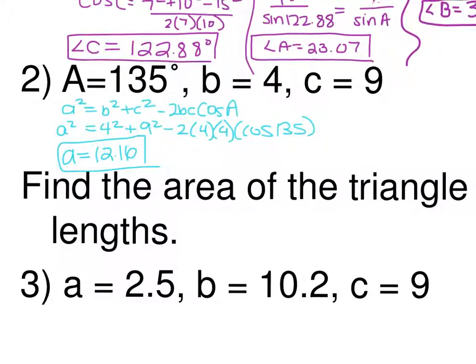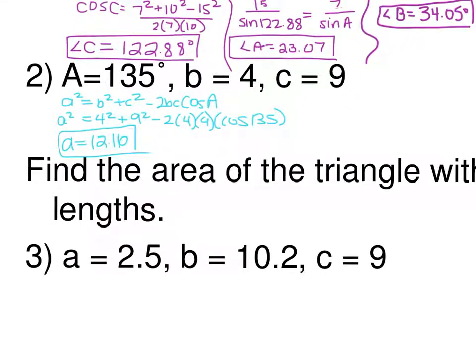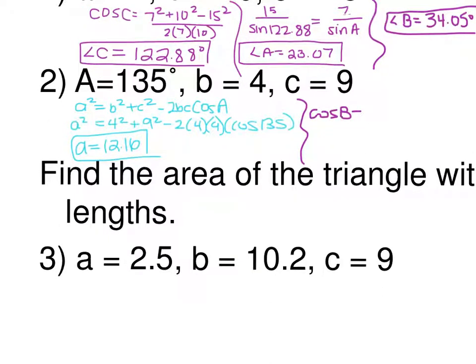Good so far? Okay, now I've got my one side length. I can find my other angle. So let's say I go to angle B. And again, you can switch between law of sines or law of cosines. I'm just going to do cosine so we get the practice. So cosine of B would be A squared plus C squared minus B squared over 2AC.